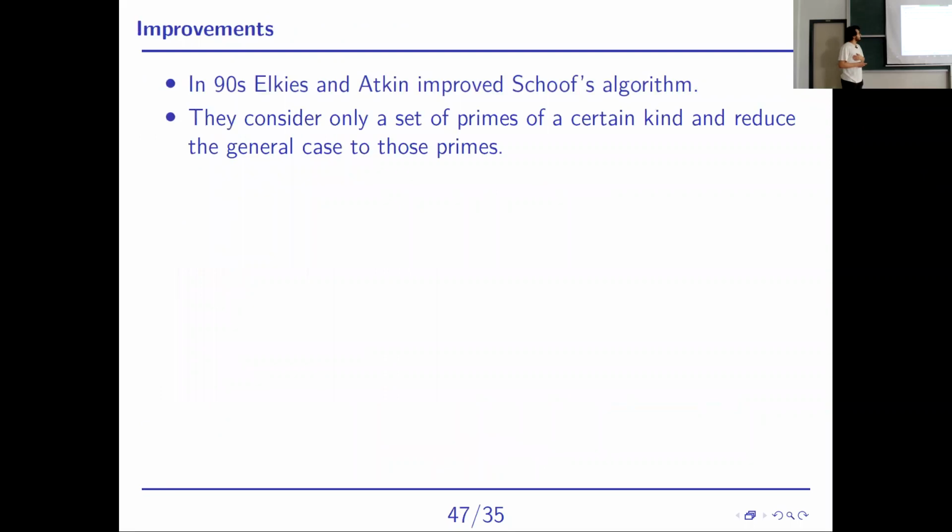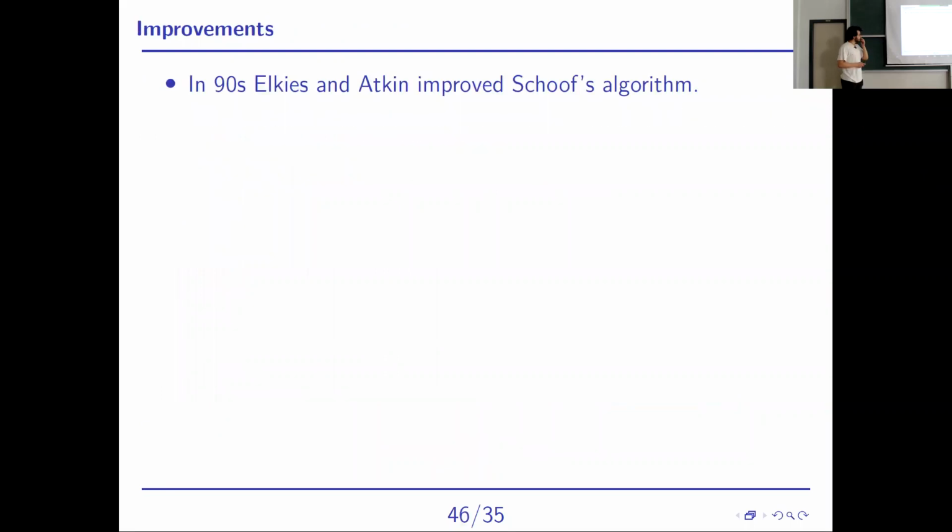I would like to give some closing remarks about the improvements on this. In the 90s, Elkies and Atkin improved Schoof's algorithm. This is the core of the algorithm that is used today.